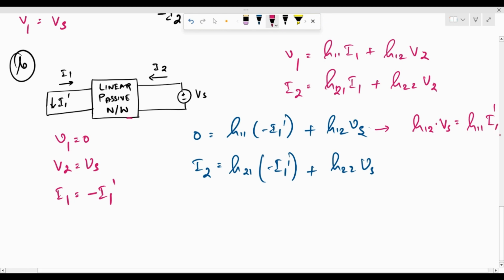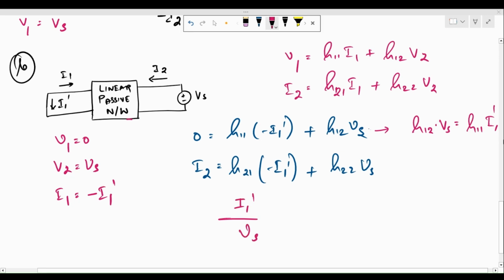And from here we need to establish the expression for I1' by Vs. So this can directly be obtained from simplifying this particular expression which we've got. If I just take Vs to the other side, what I get here is H12 by H11.